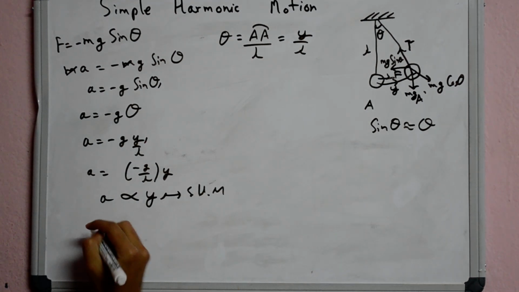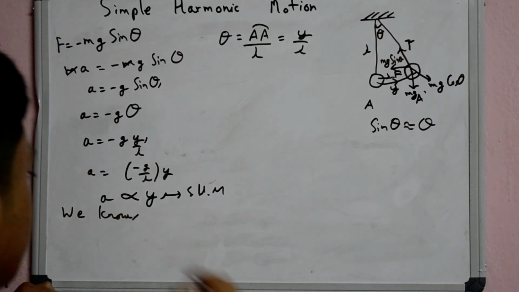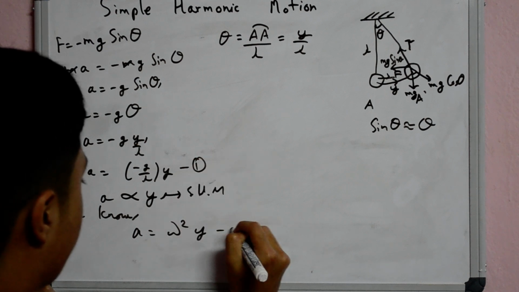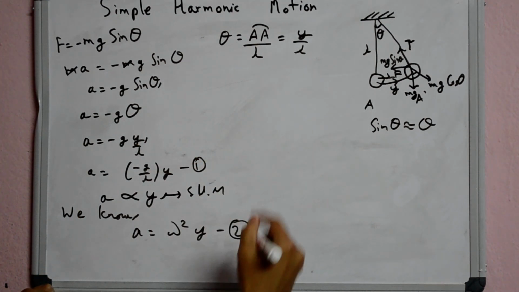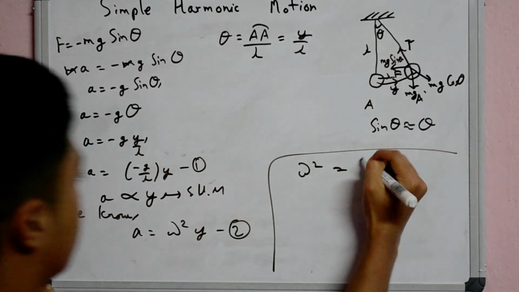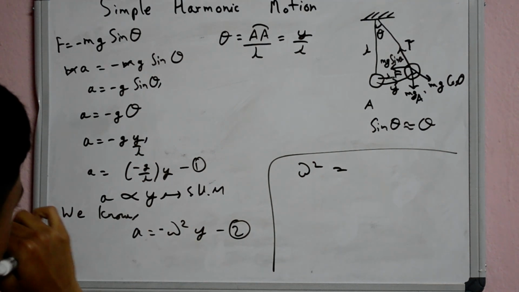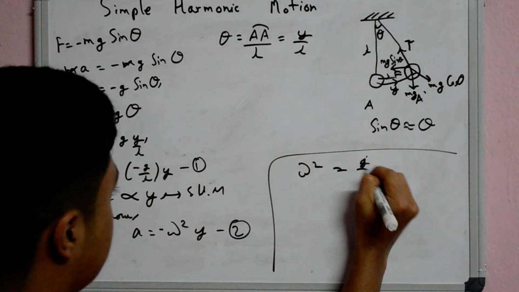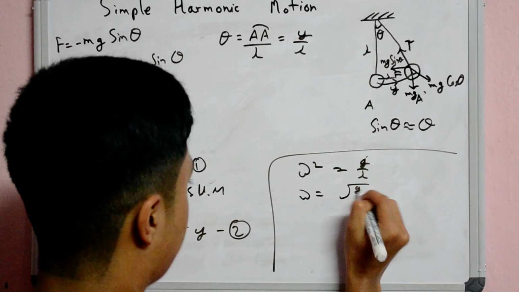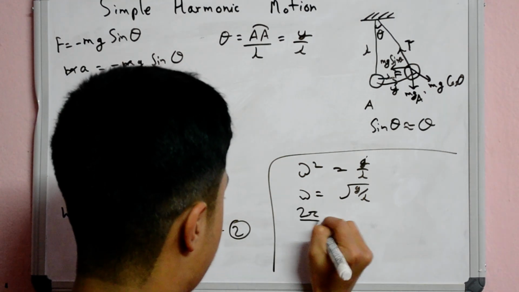Now to find the time period, we know from the acceleration equation that a equals minus omega square y. If we compare equations 1 and 2, we can see that omega square is equal to g by L. So omega equals root g by L, and we know omega is just 2 pi by time period.